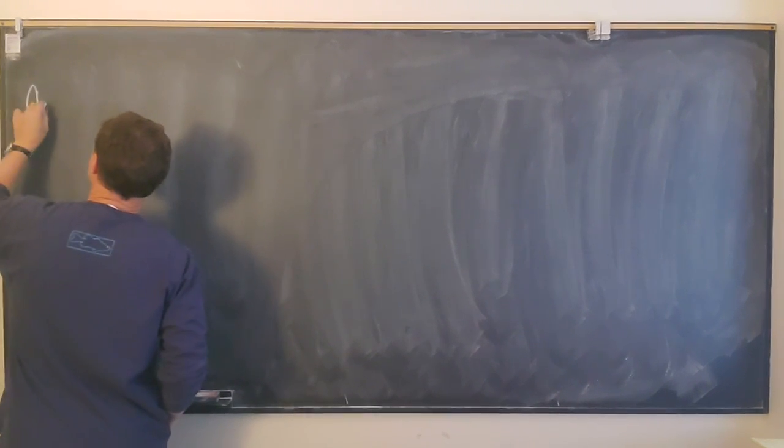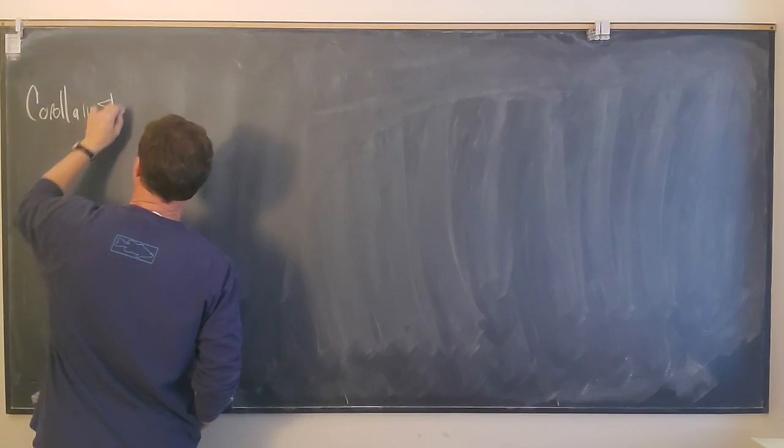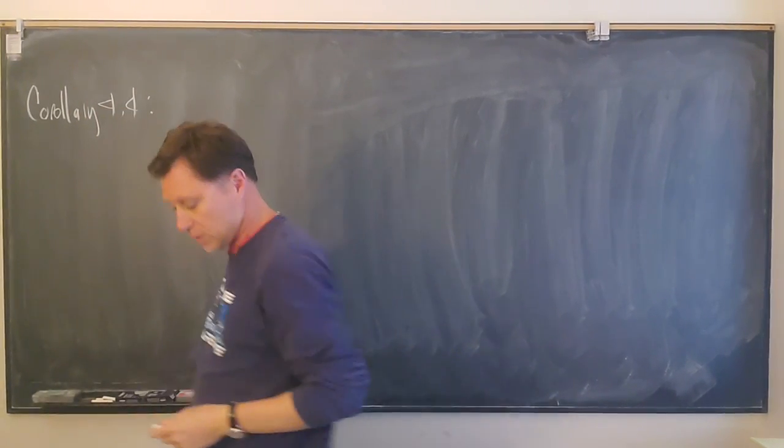We're going to have a couple of corollaries. Corollary 4.4 is our first one.